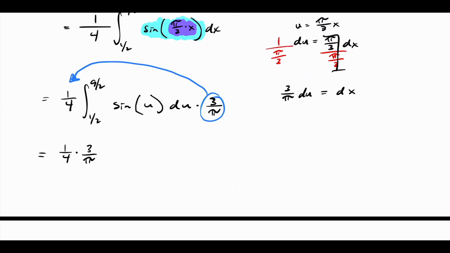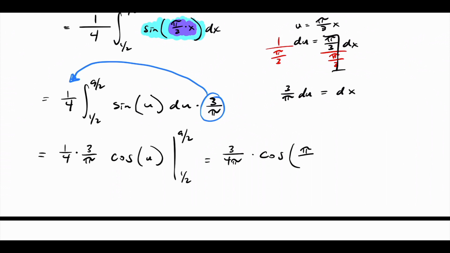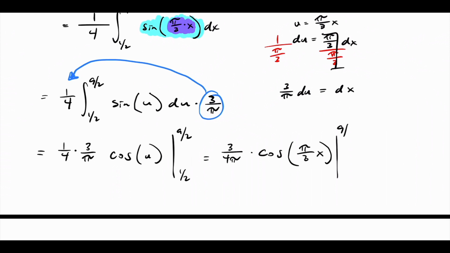So what is the antiderivative of sine? Negative cosine. Okay. Put u back in. I get 3 over 4 pi times cosine of u, which was pi over 3x. Okay, so put negative in front.